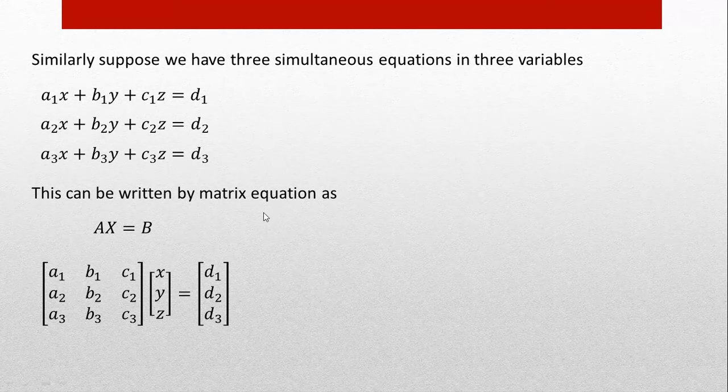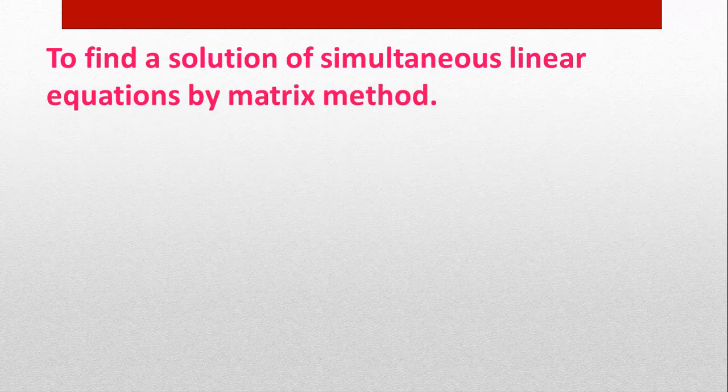Now by this knowledge we will solve the simultaneous equations in two variables as well as in three variables by using the matrix method, that is called applications of matrices. So let us see. To find a solution of simultaneous linear equations by matrix method, we have two methods.